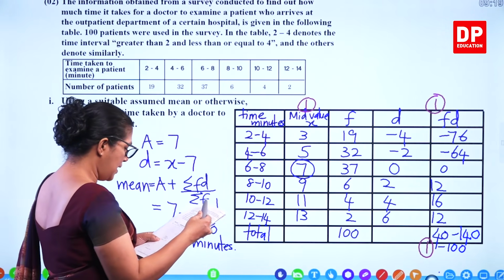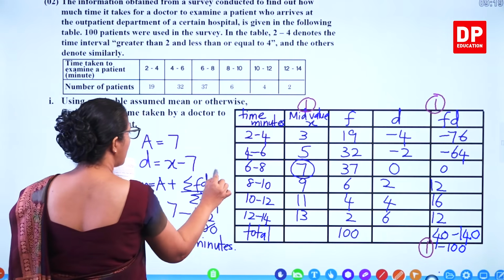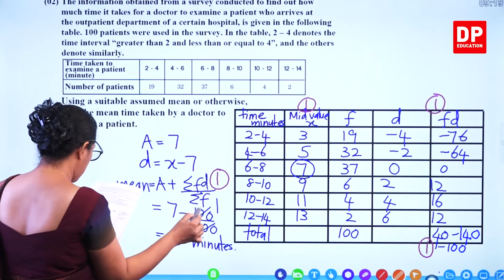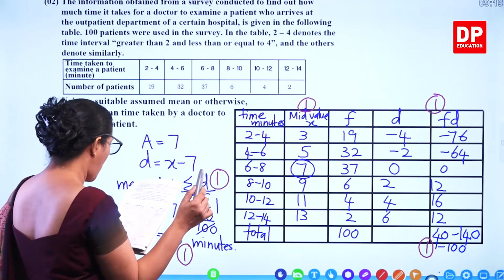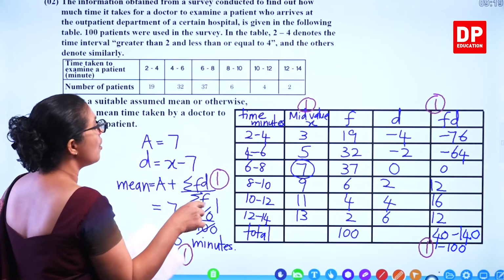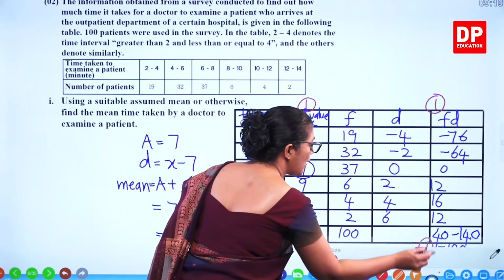Then finding the mean, this formula 1 mark and the answer 6, 1 mark. So 5 marks for the whole thing, 1, 2, 3, 4, 5. Now we'll see how we can do the next one.